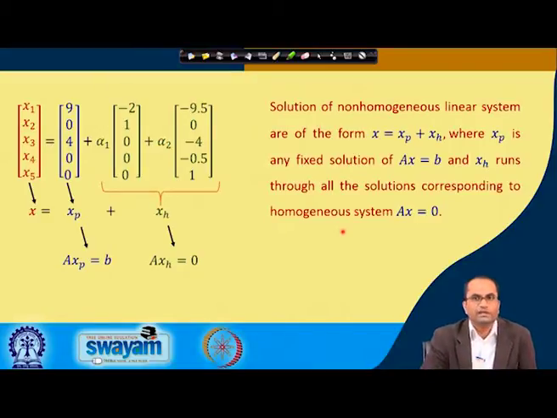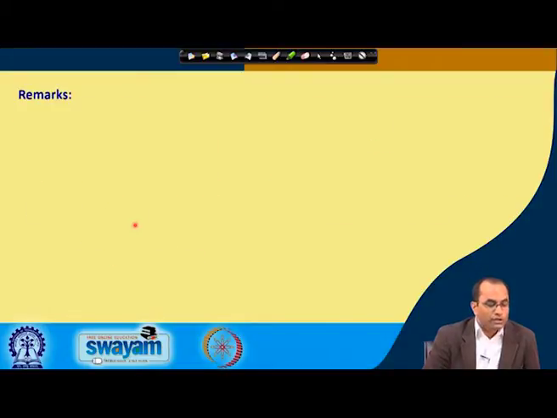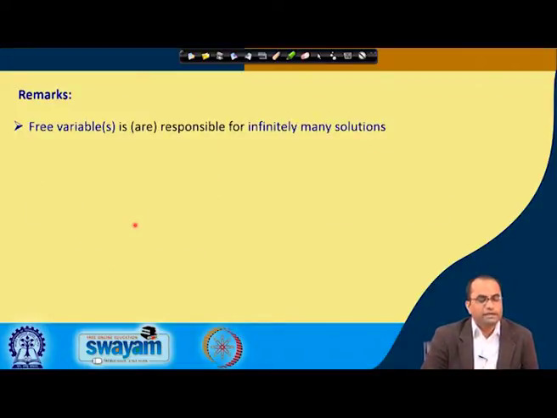The whole xp plus xh also satisfies the Ax is equal to b system of equations. So, just a remark that these free variables are responsible for infinitely many solutions.